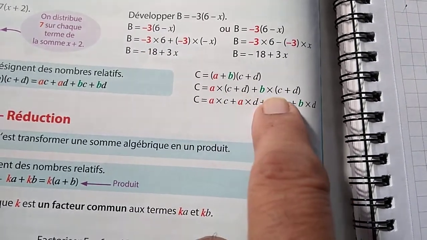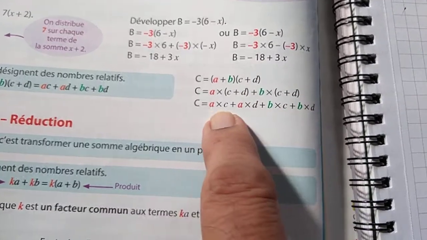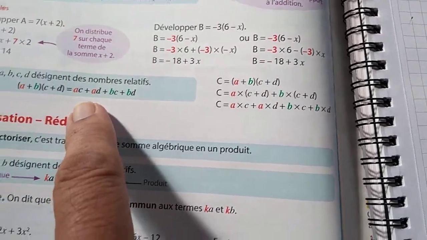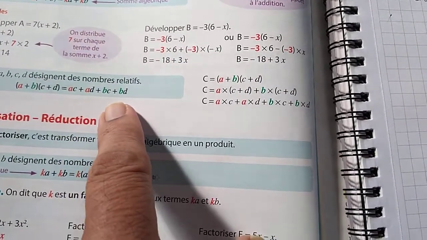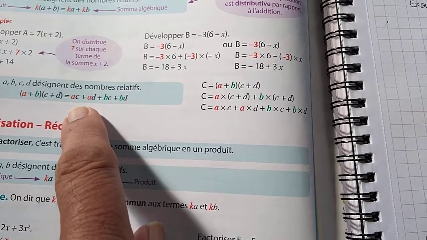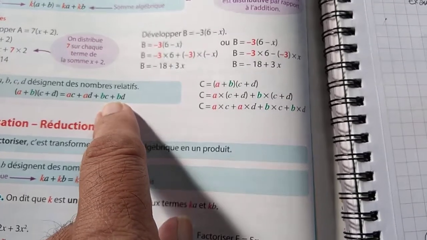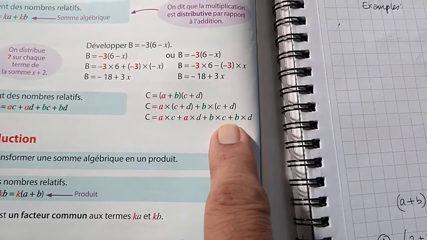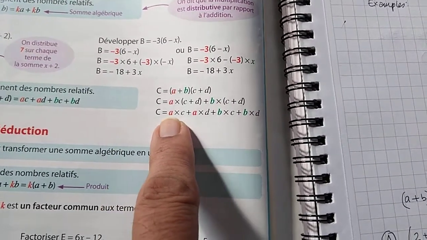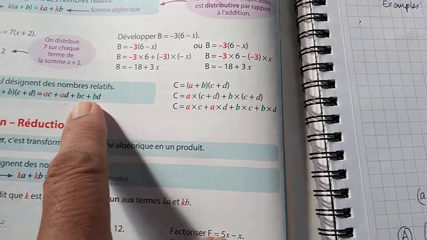So here also they've applied distributivity, and then they've come to the same thing as what I have written, and they have written here on the left. See, this term AC plus AD plus BC plus BD is the same. Here they've got the multiplication sign, here they don't have.